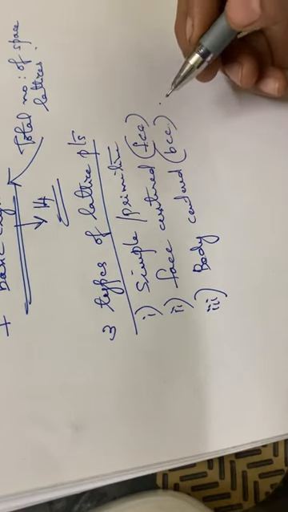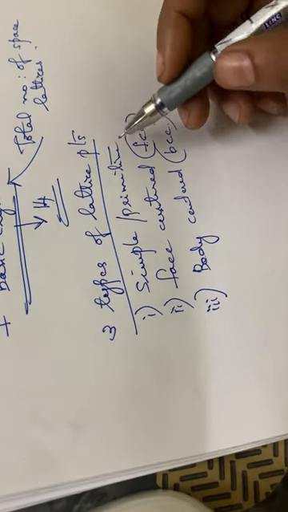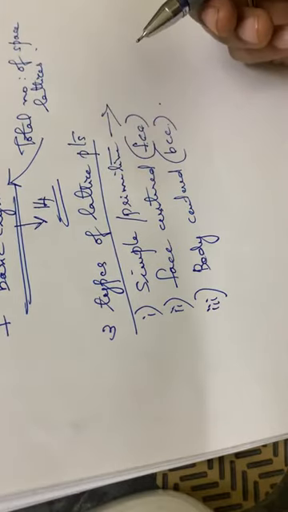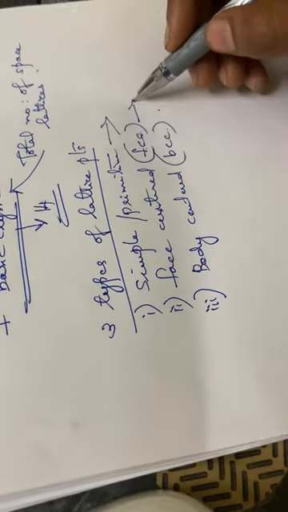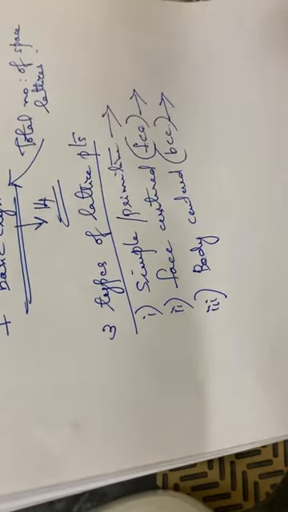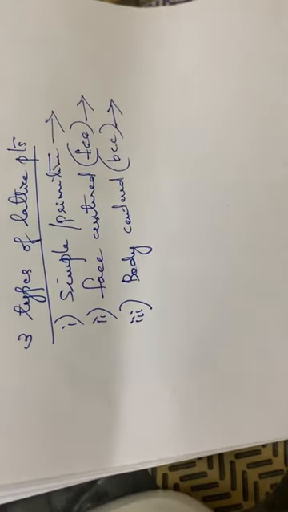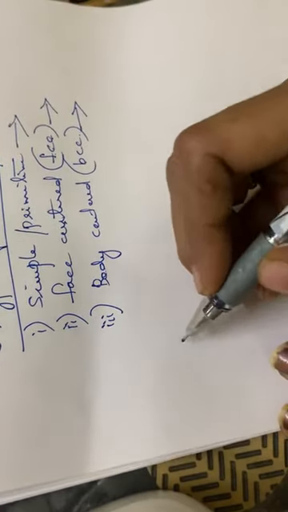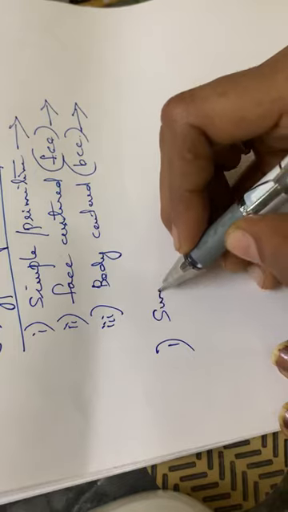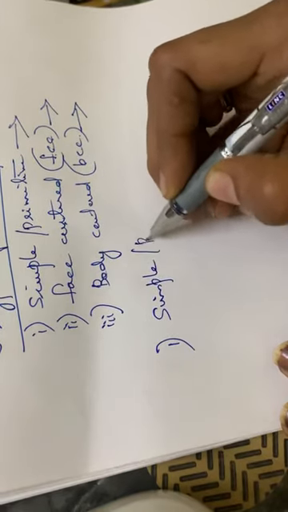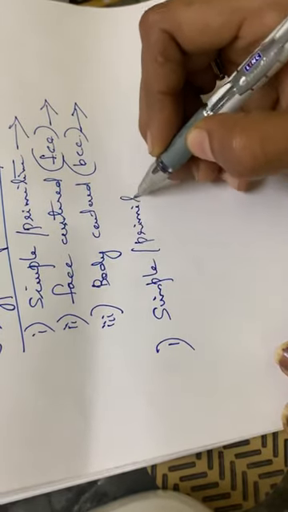Then you have to see how many atoms are there in a simple or primitive lattice, for a face-centered cubic lattice and for a body-centered cubic lattice. So first of all, you have to see the case of a simple or primitive lattice.